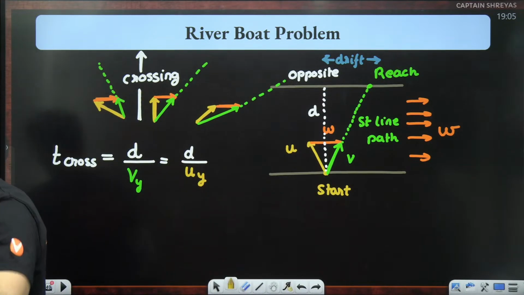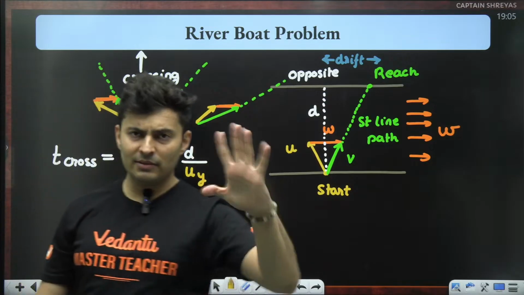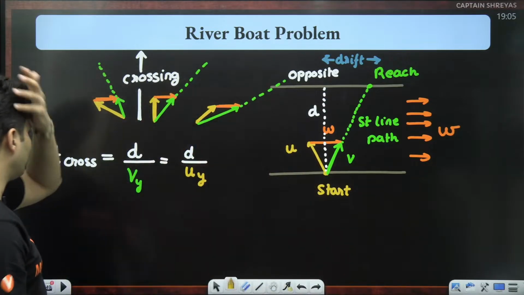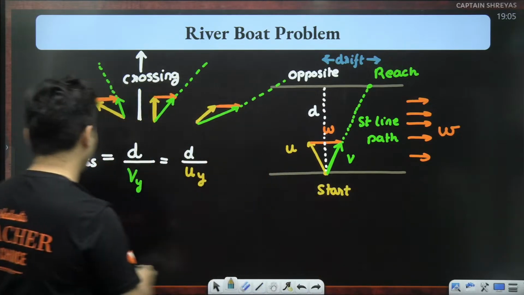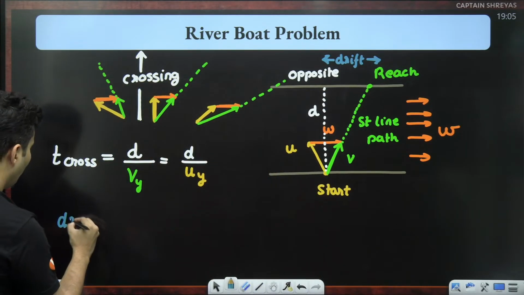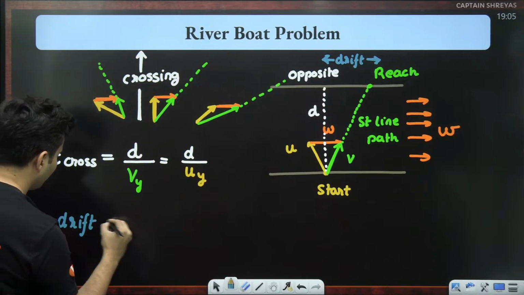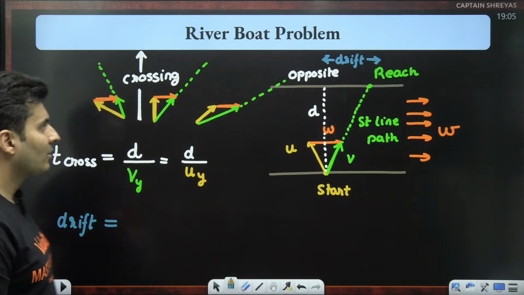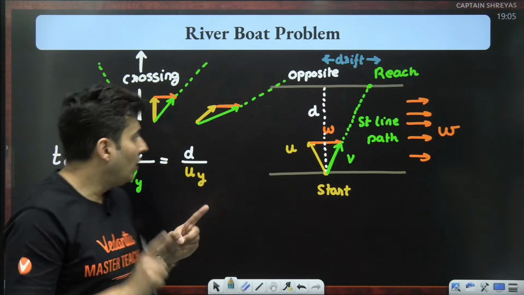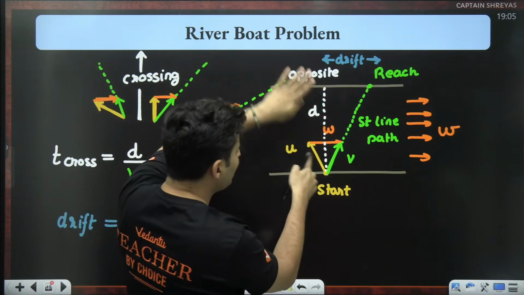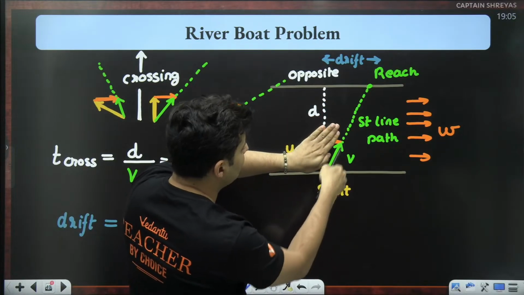Everybody understood? The components can be found if the angles are given. We will see the questions where angles are given. Don't worry. Next question. If I ask you what is the drift, what will your answer be? Think and tell me. Forget u, forget w. The resultant velocity is like this.